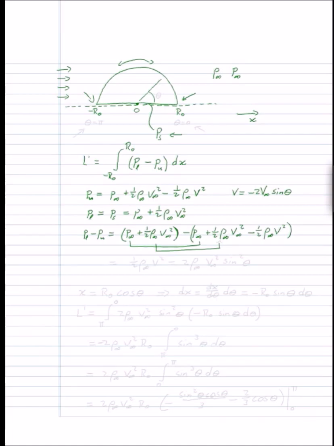Okay, so we see that these terms are the same. So therefore my PL minus PU is going to be half rho infinity v squared, which is going to be equal to 2 rho infinity v infinity squared sine squared theta. Okay, so that's good. So now I've got my PL minus PU in polar coordinates.